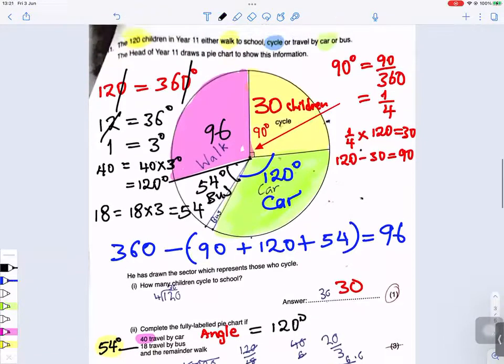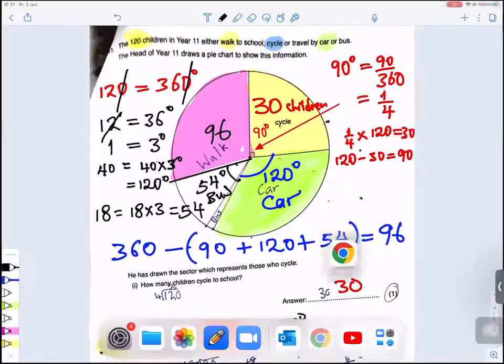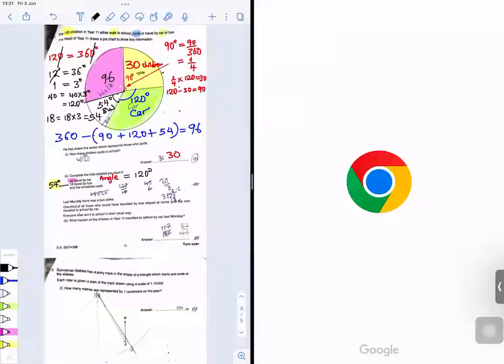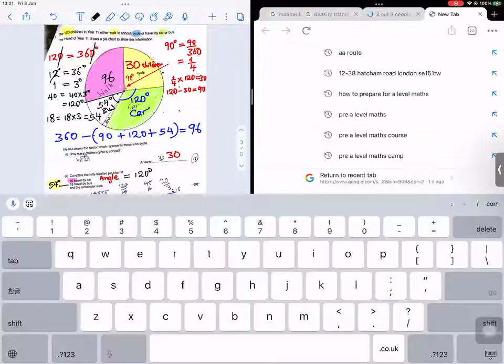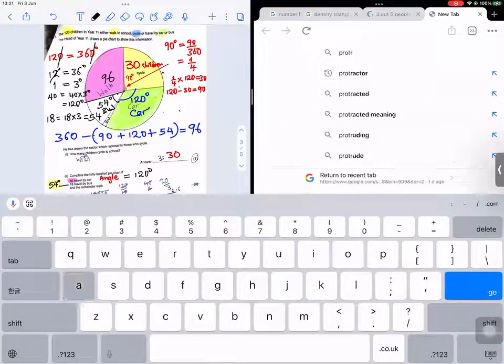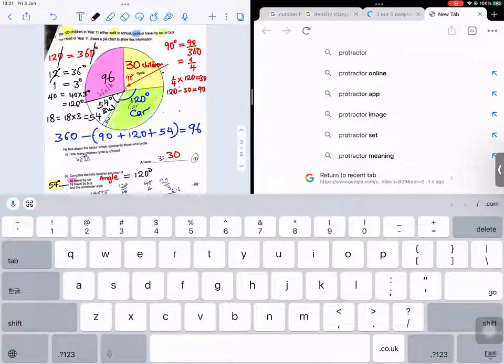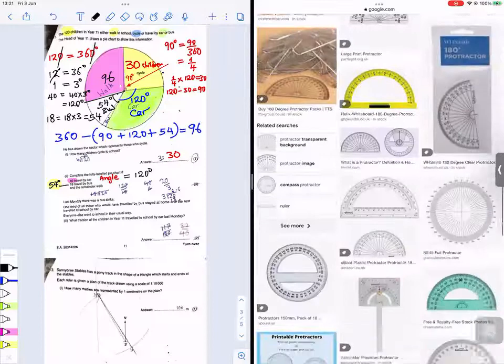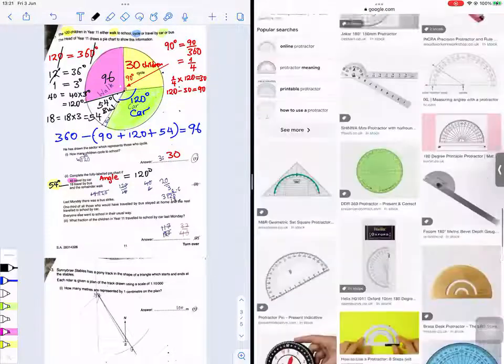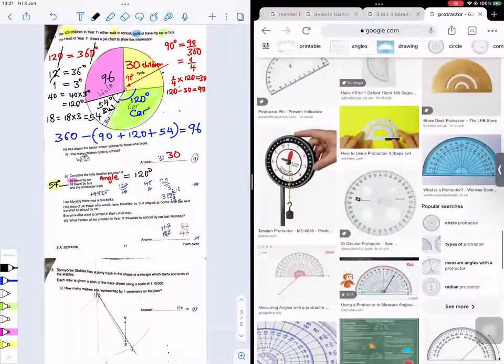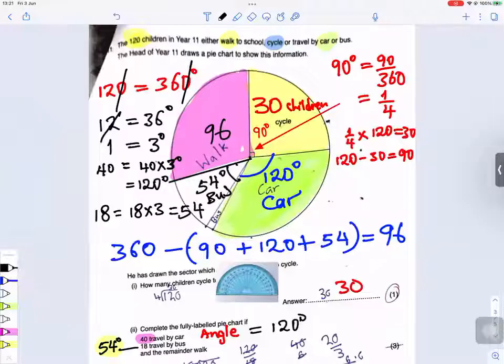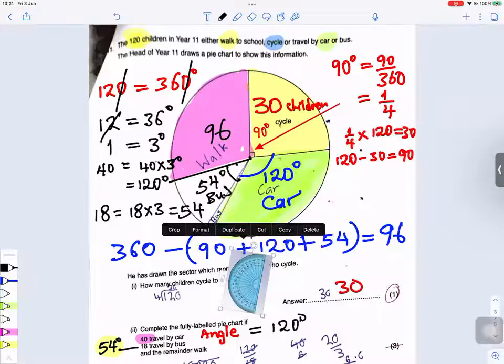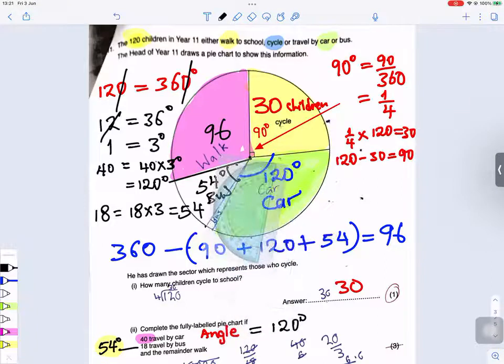What will you do for this type of question? You get a protractor. I wanted to pick a color which you could easily see. If you take a protractor, you move it, and you know how to put the protractor to measure the angles.